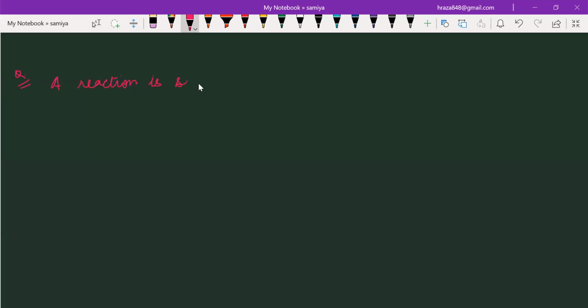A reaction is second order with respect to a reactant.